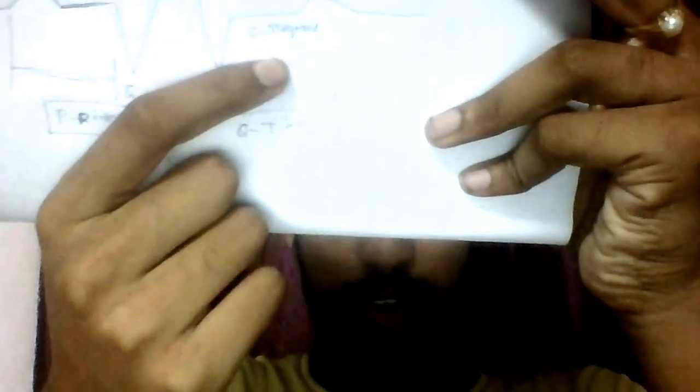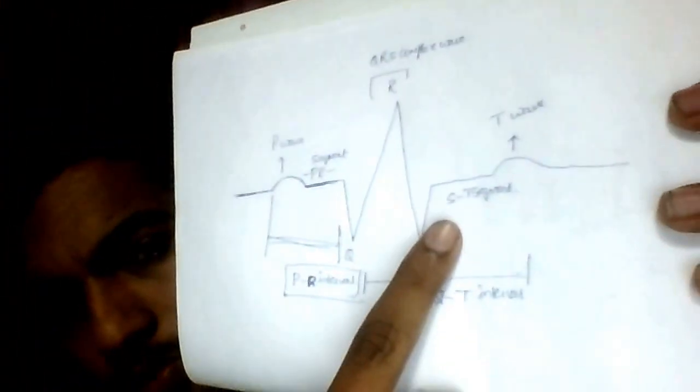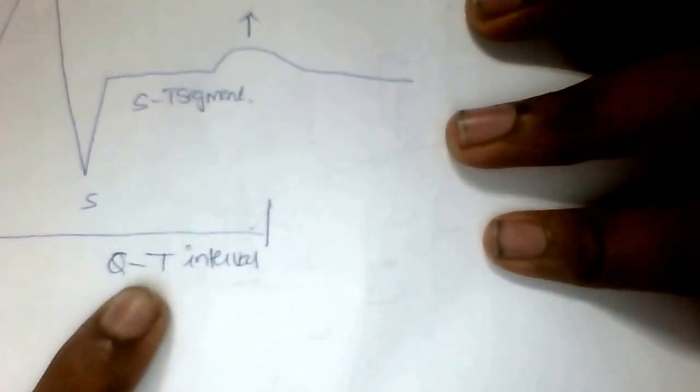The next one is the QT interval. It is the interval from the onset of the Q wave to the T wave.